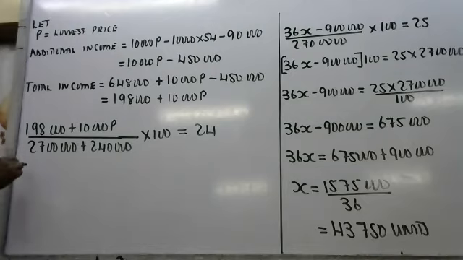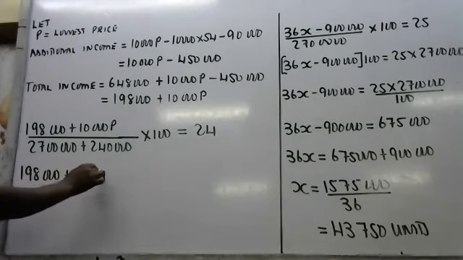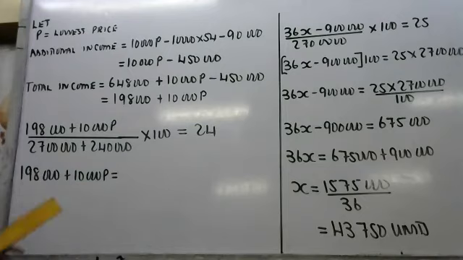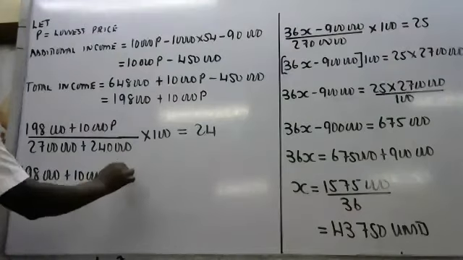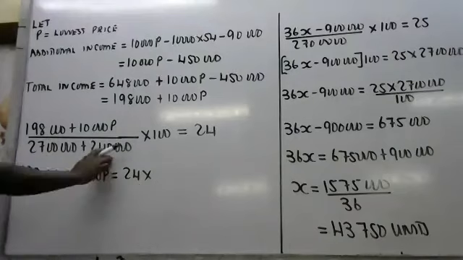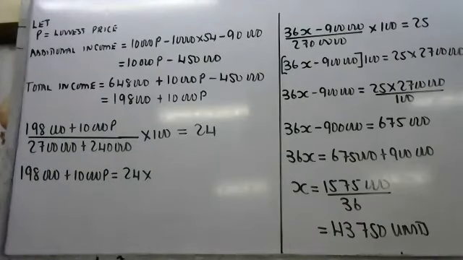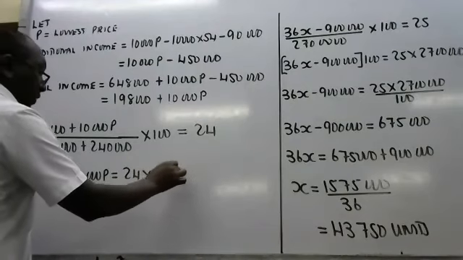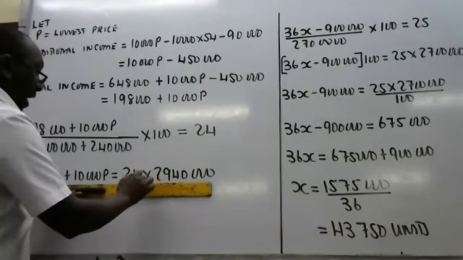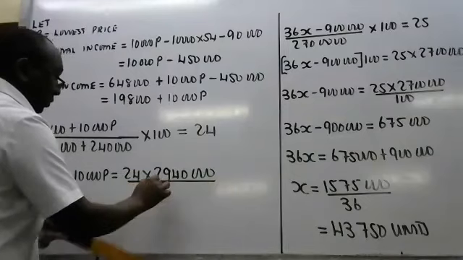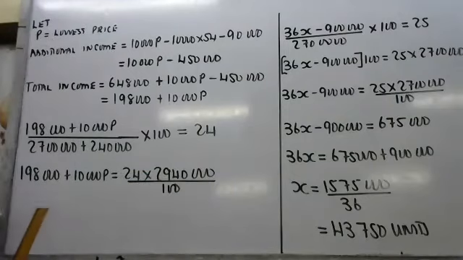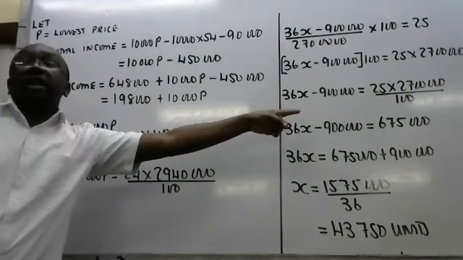So this one will be 198,000 plus 10,000 P should be equal to 24 times this one. When you add, 24 times 2940, you divide by 100. It is exactly the same thing that we have done there.